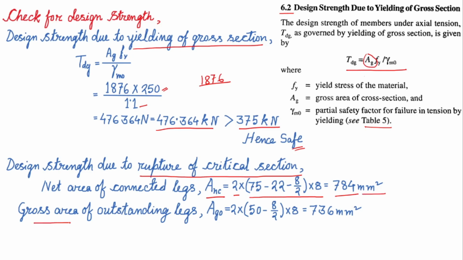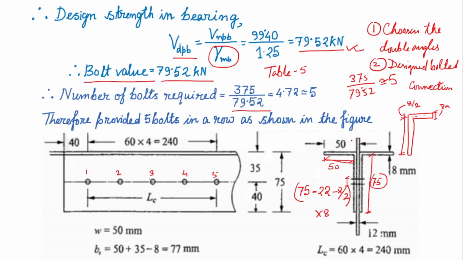Next, gross area of outstanding legs, Ago. If you see the other side of the angle, the dimension is 50 mm. So in that leg there is no bolt hole. So 50 will remain 50 minus. Here also the distance will be taken up to the center line of the other leg.